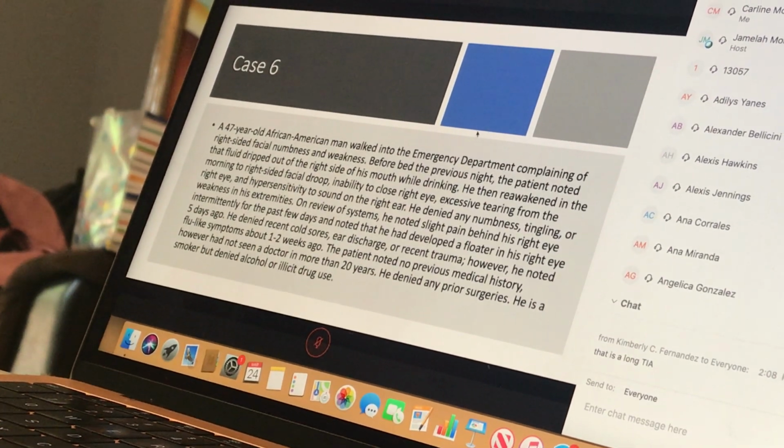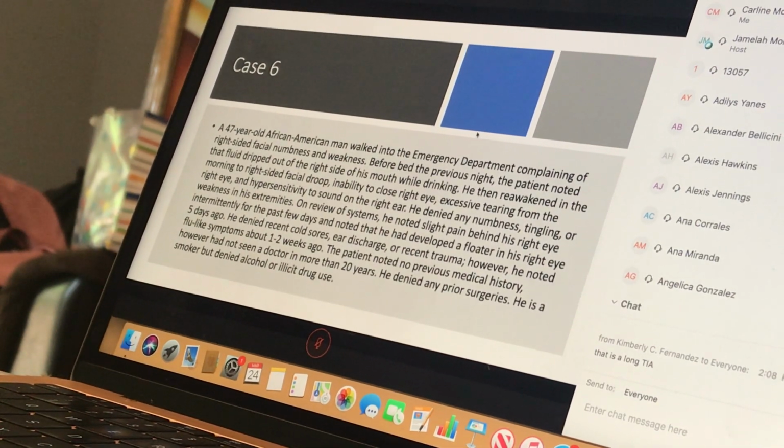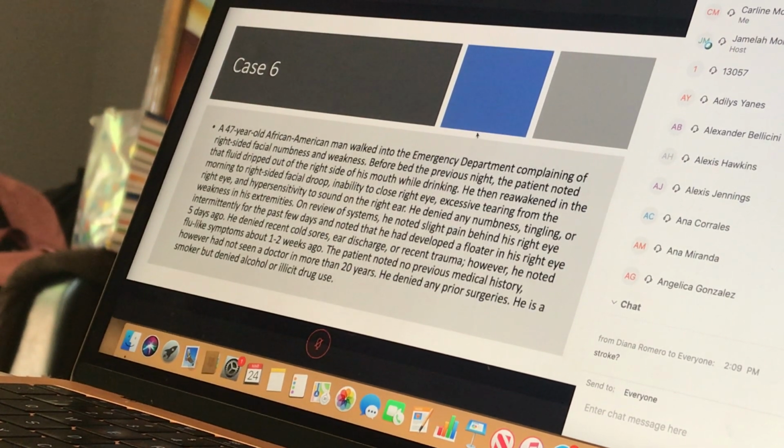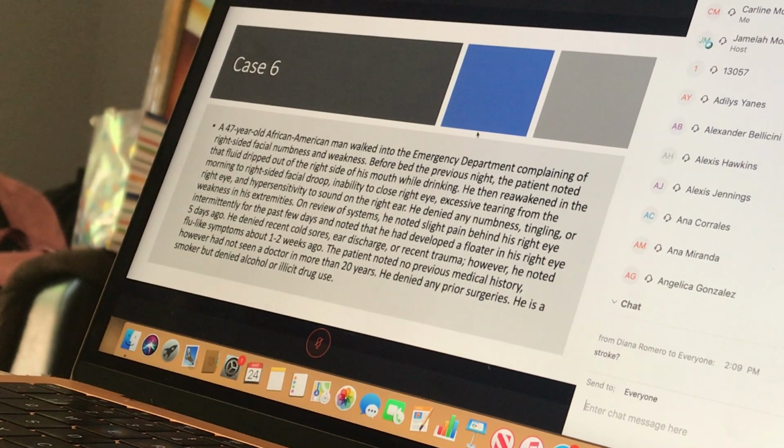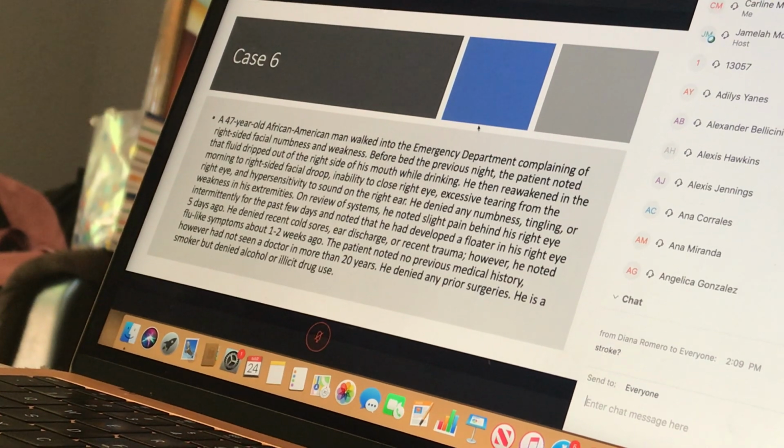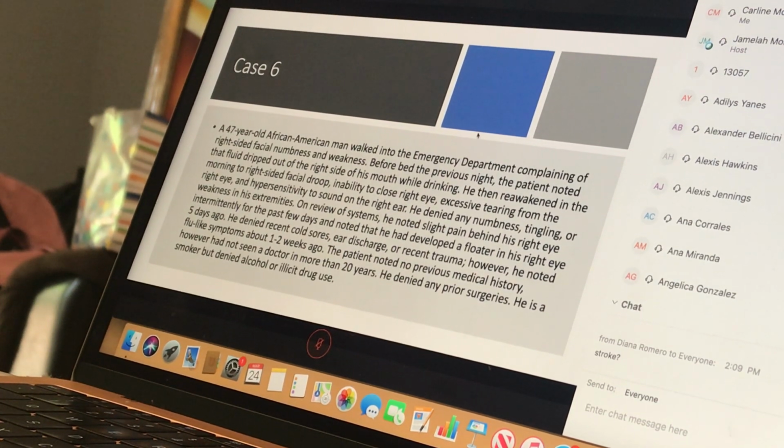So if you look at all the things going on here, there are right-sided facial numbness and weakness. He's dripping from the mouth, so the lower part of his face is affected. He has right-sided droop. He can't close his right eye. And usually, if it's a stroke, they can close their eye. It's just the lower part of the face. So if the entire cranial nerve 7 is affected, it's probably peripheral, and that's when you're going to be thinking Bell's palsy.